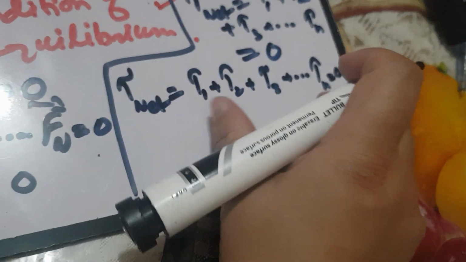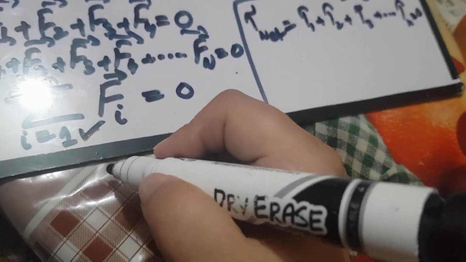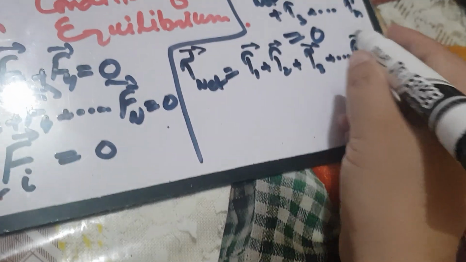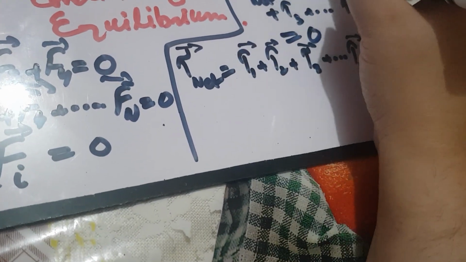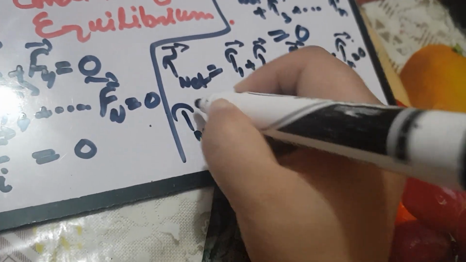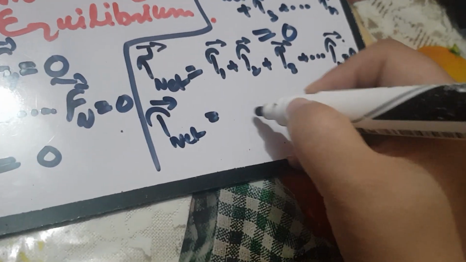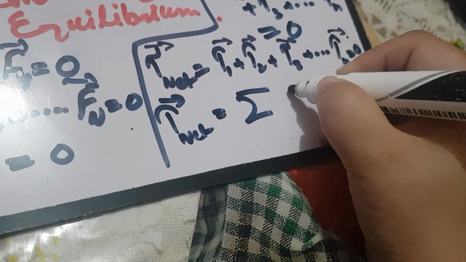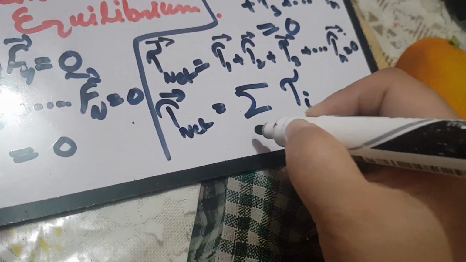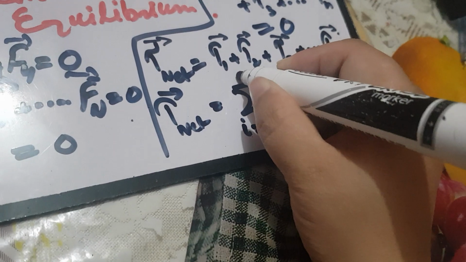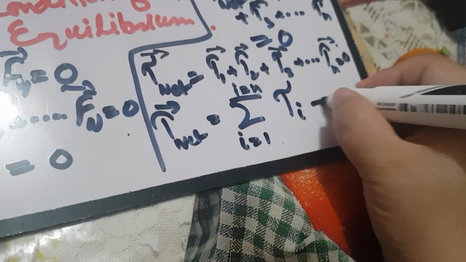Then if we follow the same step, we use the word summation. Torque is also a vector quantity, so use arrowheads at the top. So tau net acting on a body is equal to the sum of all the torques, the ith torque, with i starting from 1 up to n, equal to 0.